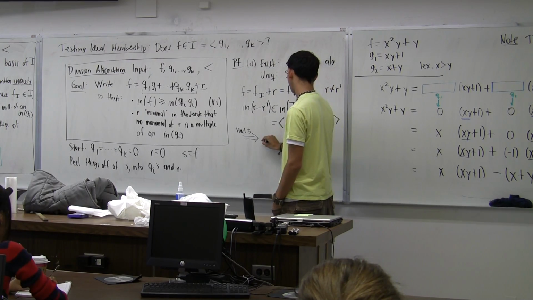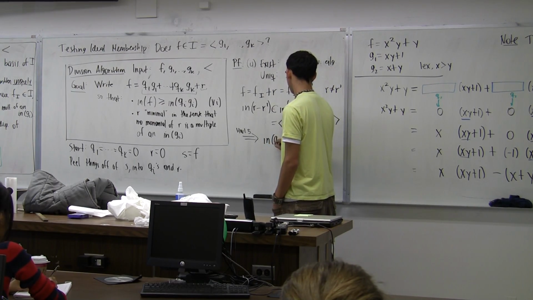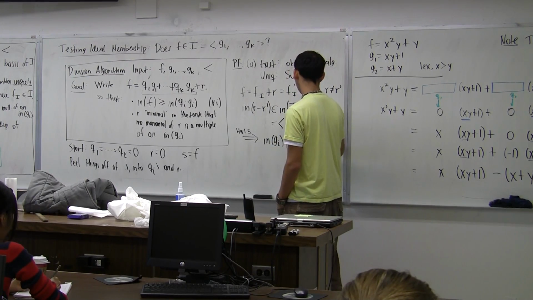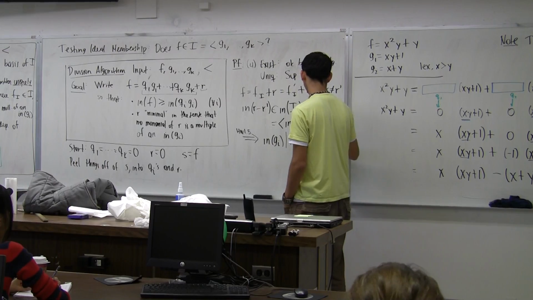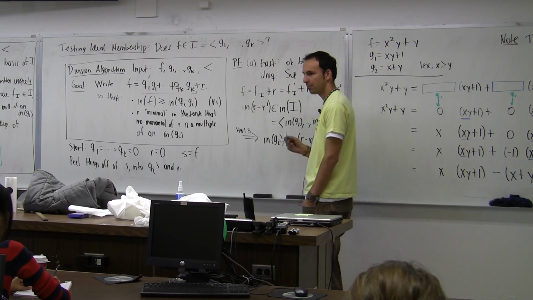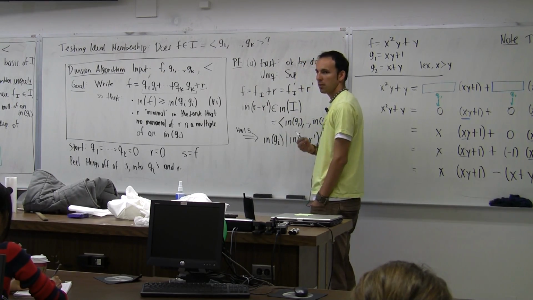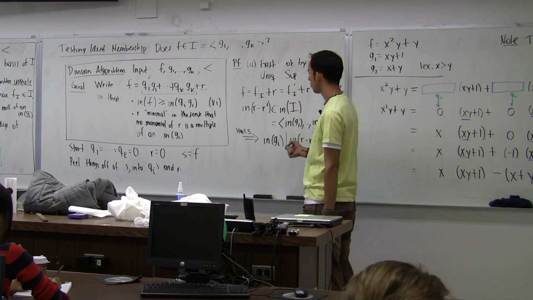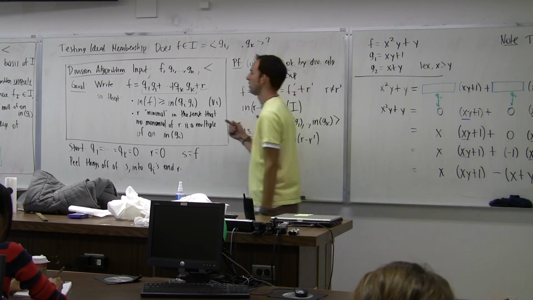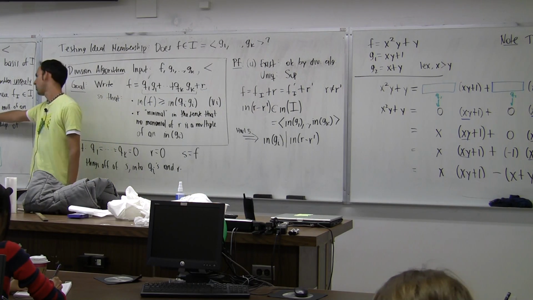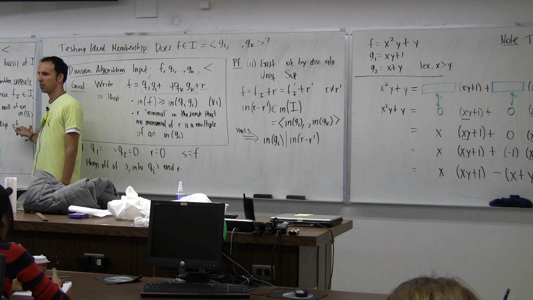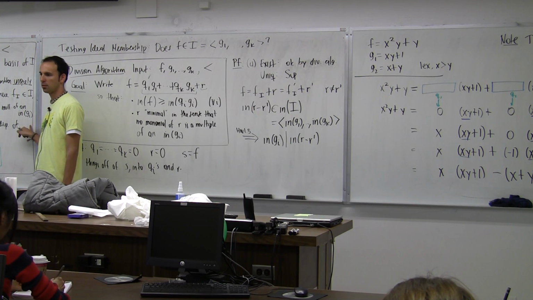That means that one of these guys divides the initial term of r minus r prime. But if you think about this, this is already a contradiction, because I assumed that no monomial of r and no monomial of r prime is a multiple of an initial term of g_i.